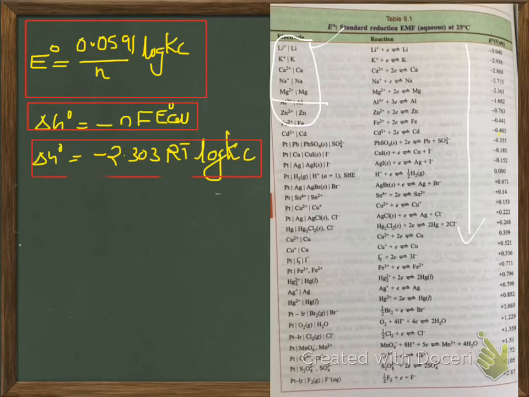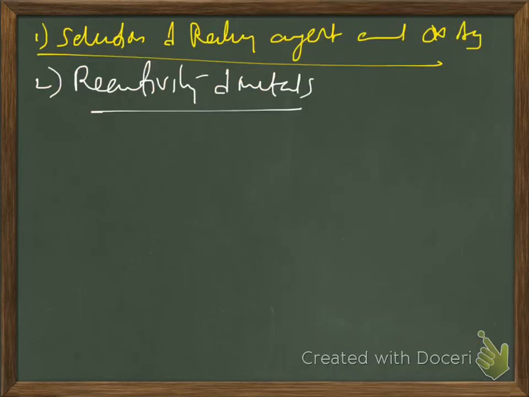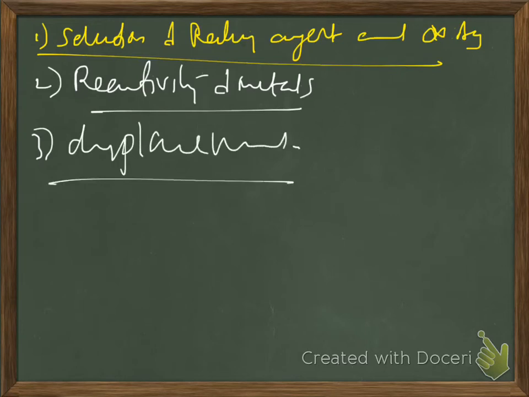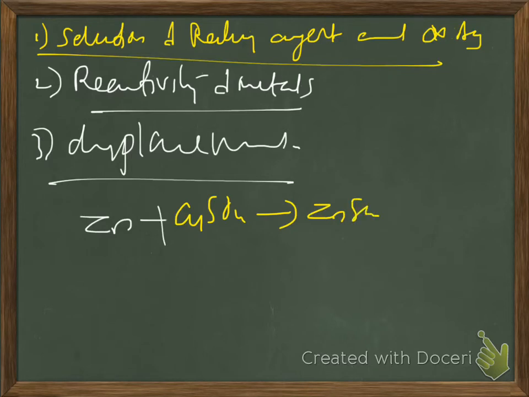Third application is displacement reaction. When zinc powder is added to CuSO4 solution, you will get ZnSO4 plus Cu. What actually happens is that blue colored copper sulfate becomes colorless.